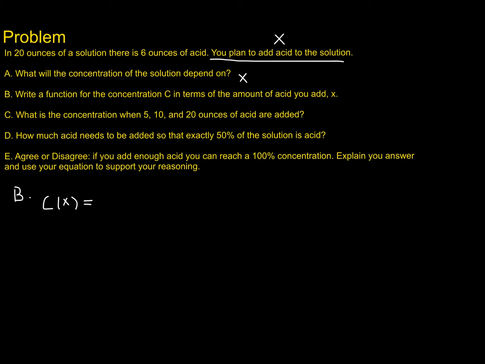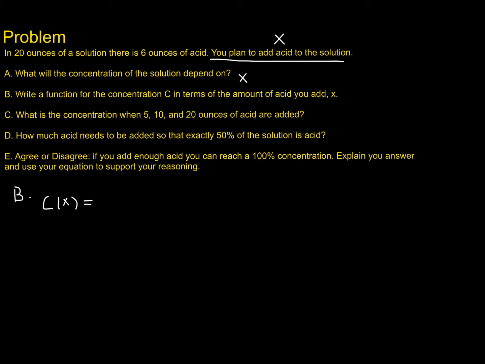So I'm going to write a function for the concentration, C, in terms of the amount of acid, X. So this tells me here that C is going to be the dependent variable, and X is going to be the independent variable. And I remember, of course, just looking back at my notes, that concentration is determined by taking the pure amount of the substance divided by the total amount.